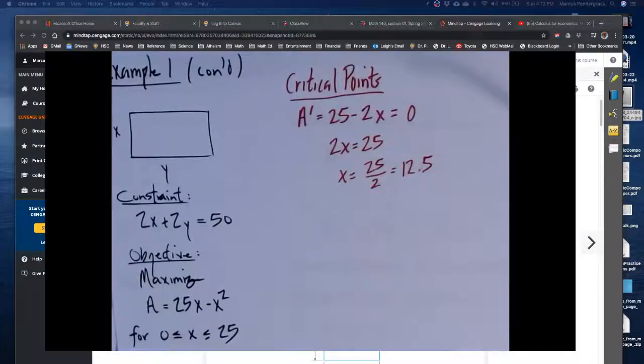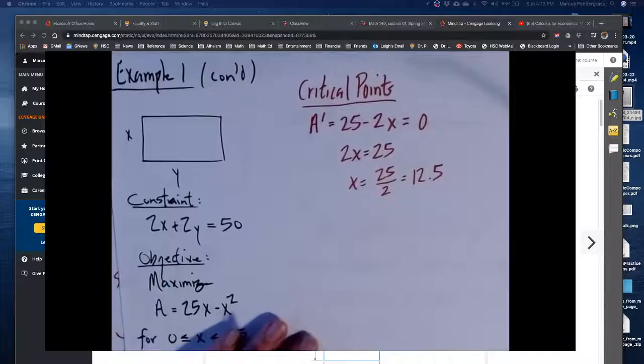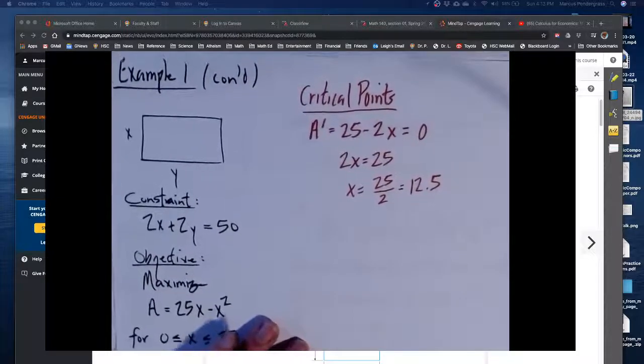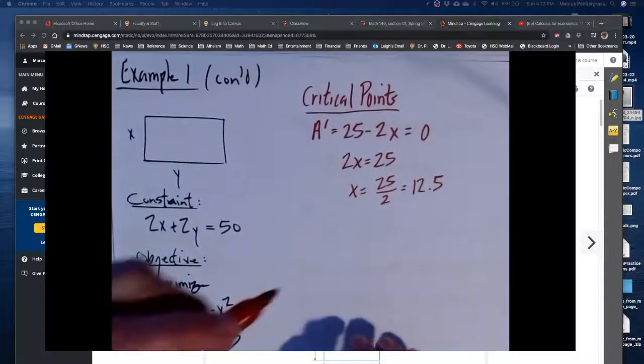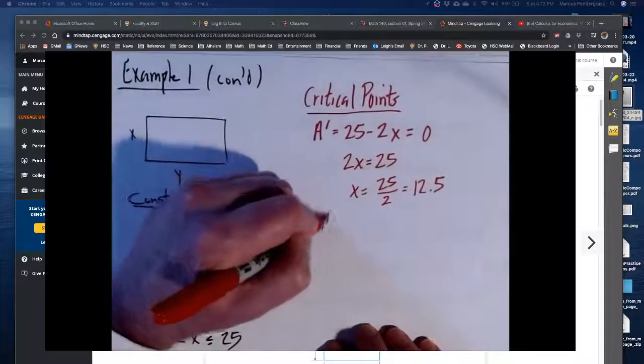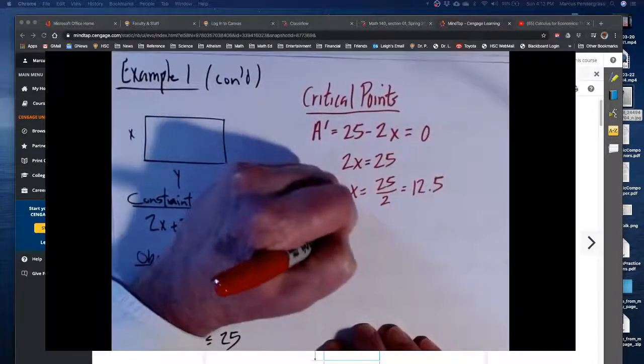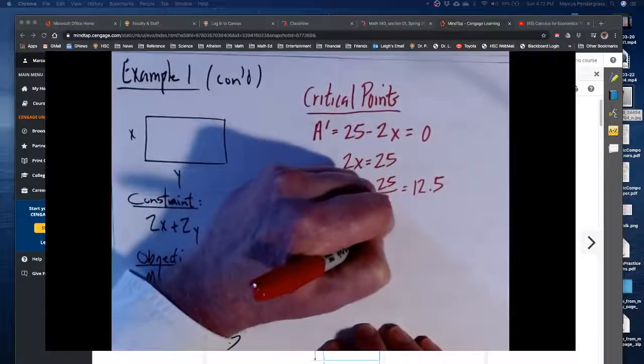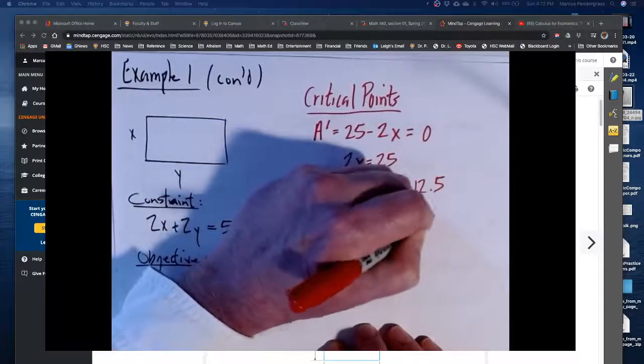So remember that critical points are candidate maxes or mins. Now we need to figure out whether this critical point is a maximum or a minimum, or possibly neither. And so the go-to method for doing that is the second derivative test. So is it a max or a min?